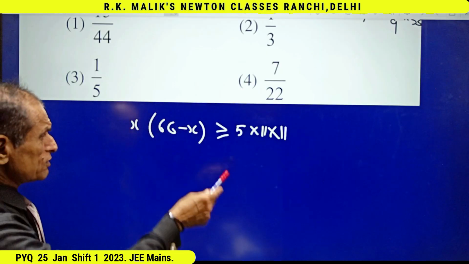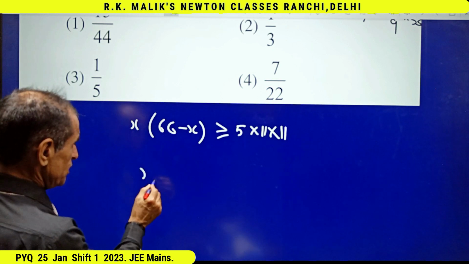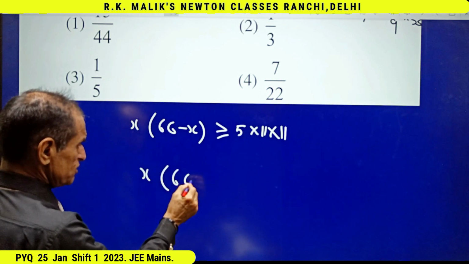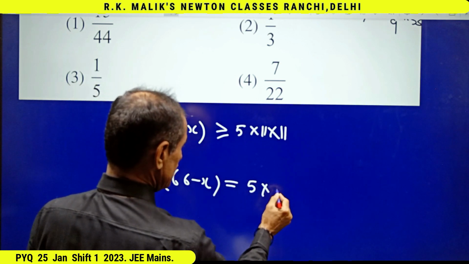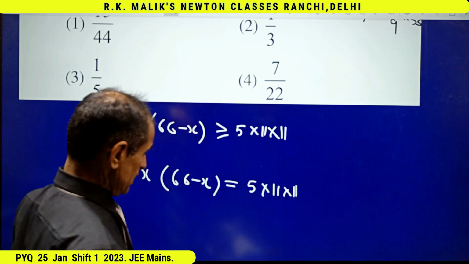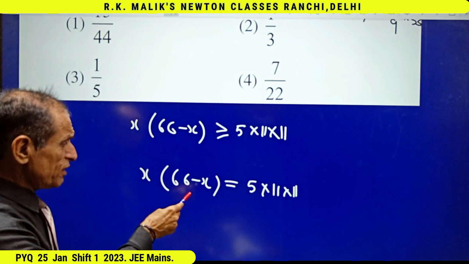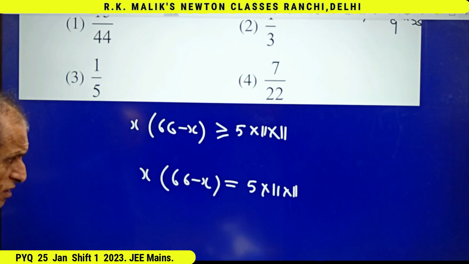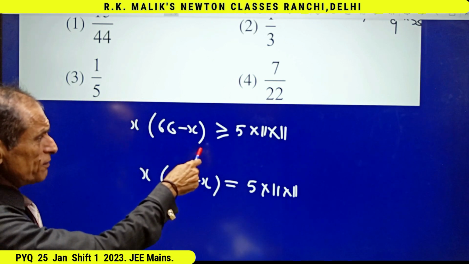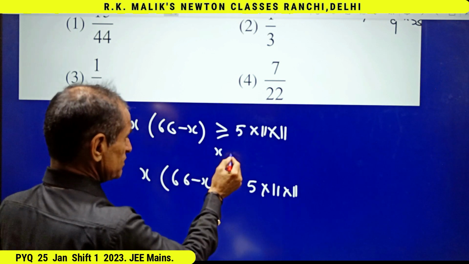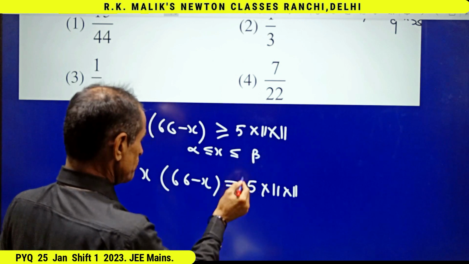Hence, to solve this quadratic inequality, first I will solve this equation x(66 − x) = 5 × 11 × 11. It is clear that the coefficient of x² here will be negative. Hence, the solution will be that x lies between the smaller root and the bigger root.